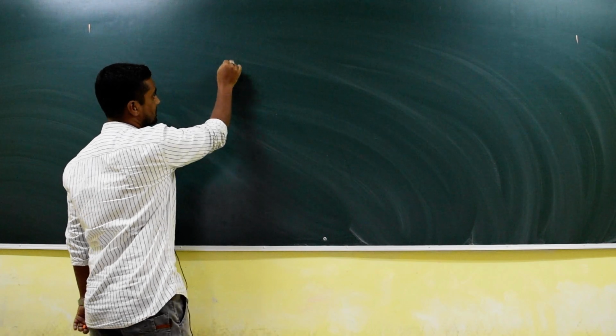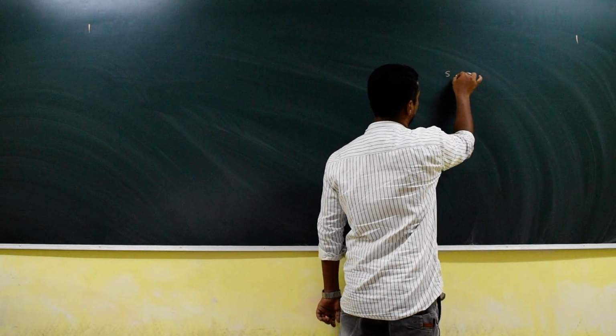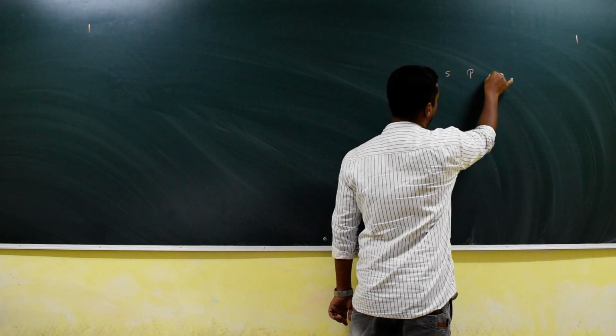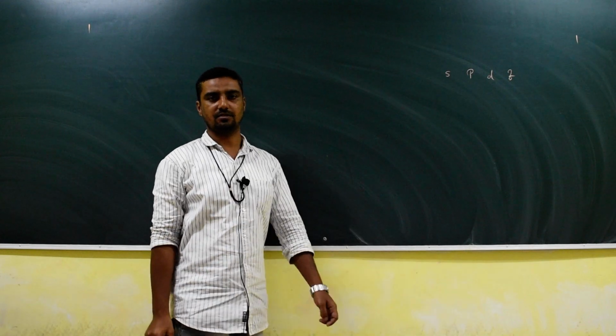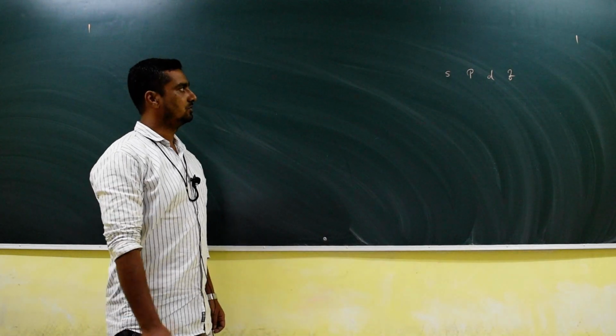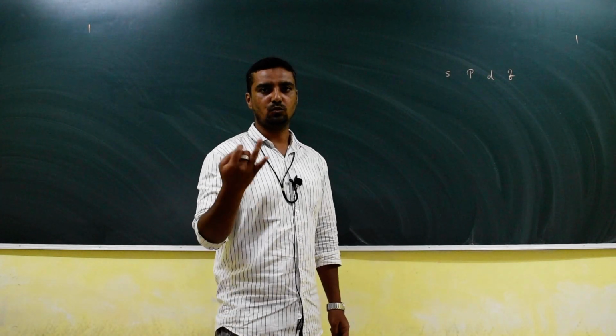There is an s orbital, a p orbital, a d orbital, and an f orbital. There are four orbitals that you already know, right? In the s orbital, the capacity is only two electrons.